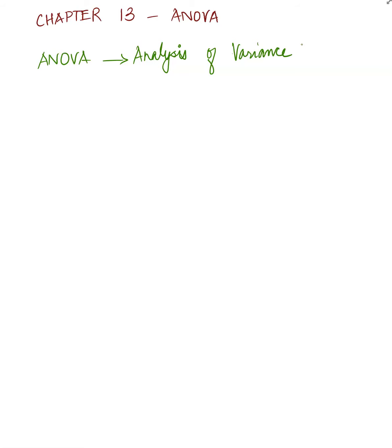Now we have different kinds of analysis of variance, and it branches off into other things too. So for the sake of clarity, I want to say that we are going to talk about one-way ANOVA.